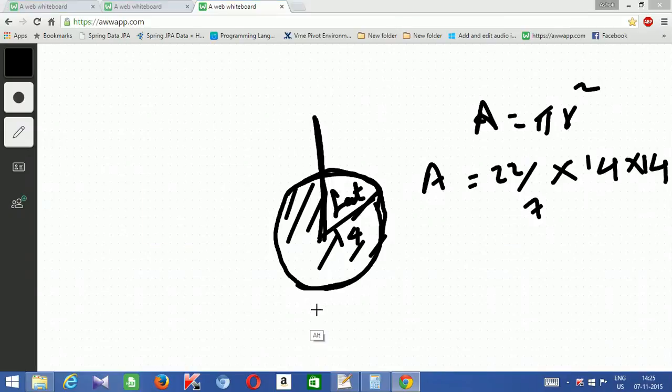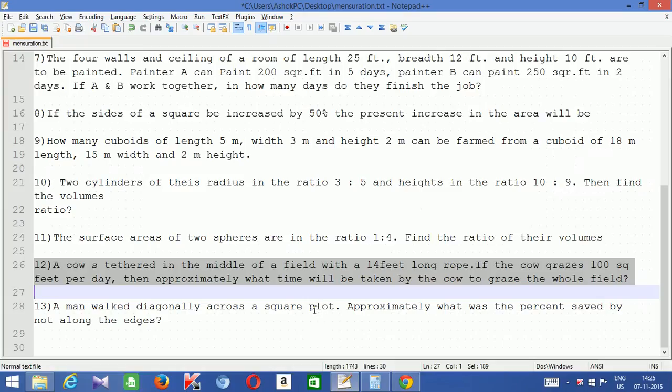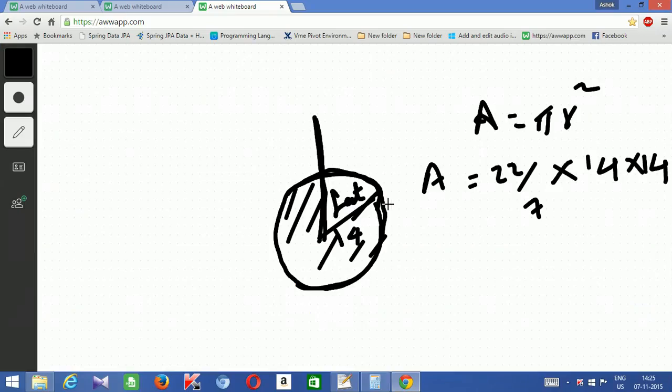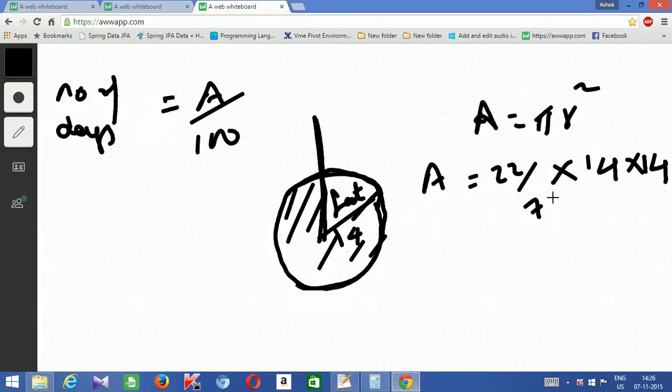And it is given that in a single day the cow grazes 100 square feet, so how many days will it take? That is nothing but the actual area divided by 100. So you can simplify this for now.